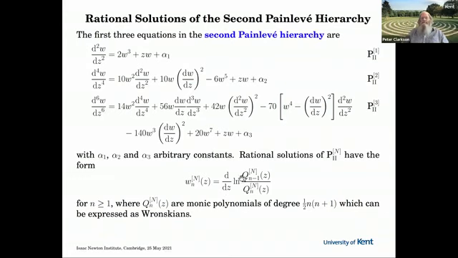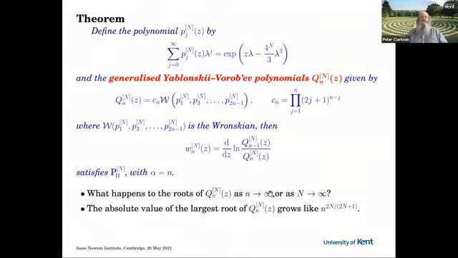They're a logarithmic derivative of the ratio of two polynomials, which have the same degree, a half n(n+1), and you can express these as Wronskians. Specifically, you now define the Wronskian through this formula here, where this is an exponential.